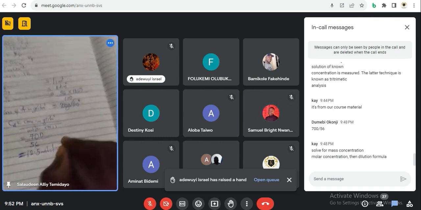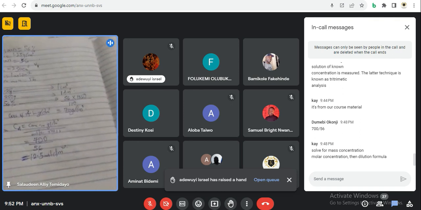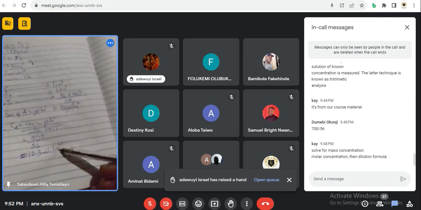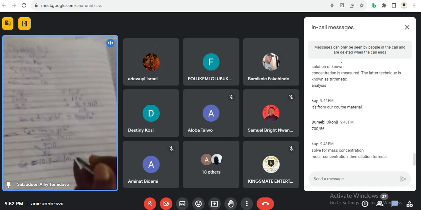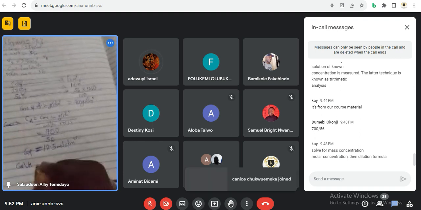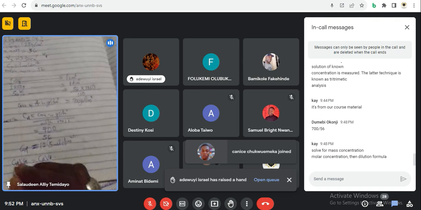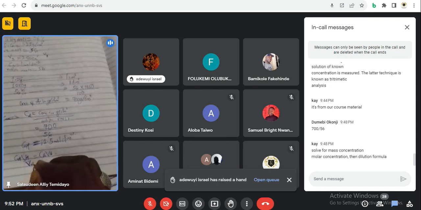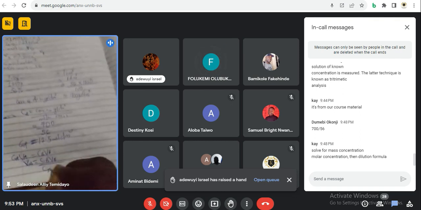Moles per dm cube. So I said 700. Are you getting it now? We are getting the concentration of A in moles per dm cube. That is Ca. So now using the dilution formula, CAVA equals CBVB. We are looking for the volume of A, the volume of the stock solution. VA equals CBVB over Ca.